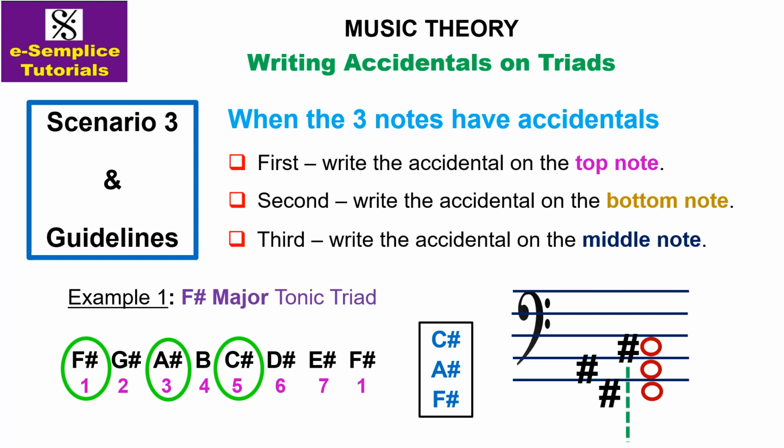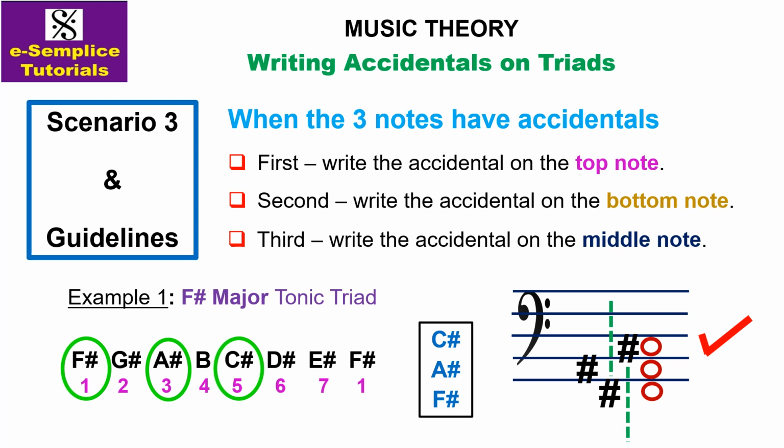Please note, the space of the sharp of C is respected. Nothing should be under it. And the space occupied by the sharp of F is also respected. Nothing should block that. So this is the correct way when the three notes of the triad have accidentals.